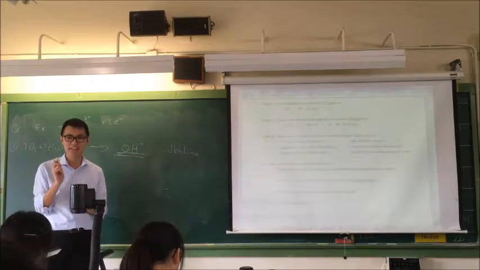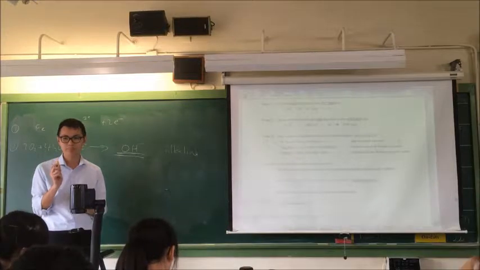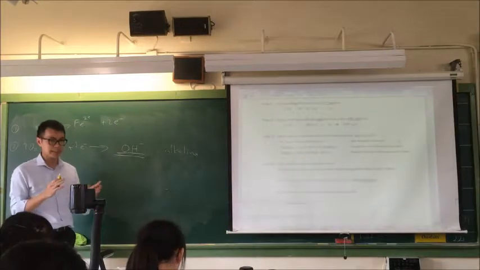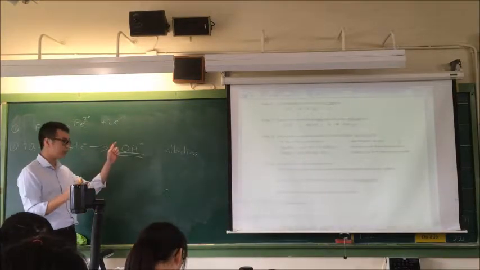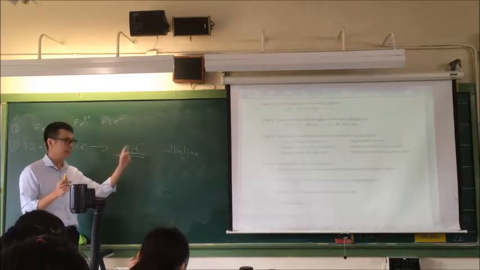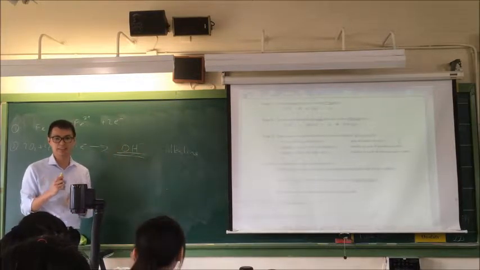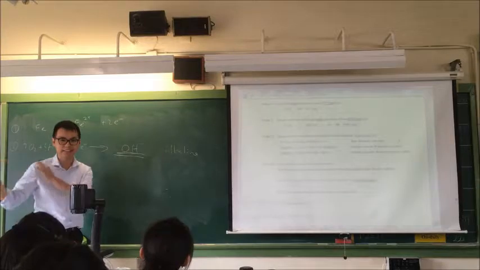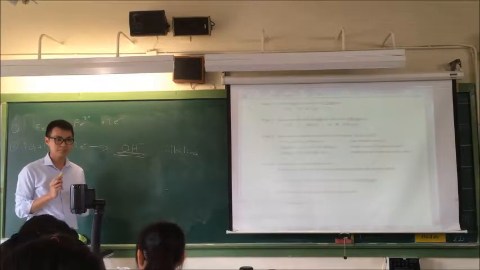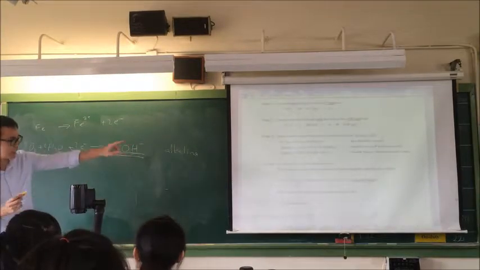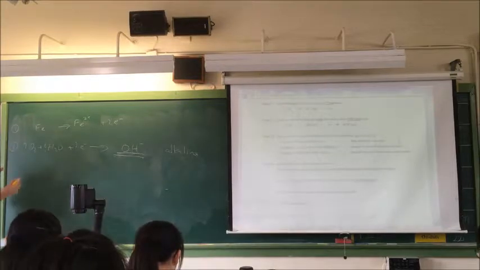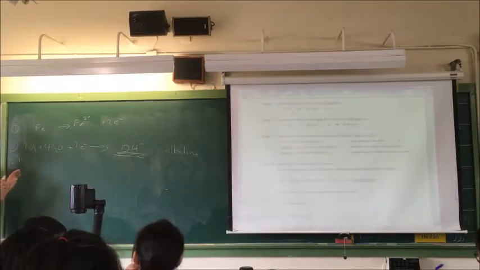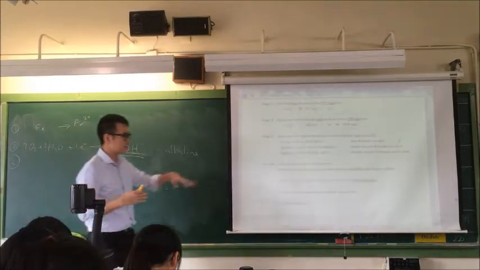Understand me, okay? When something dissolved in water can produce hydroxide ion, it is an alkaline substance. 它是鹼性的，OK？你 put 一個 note 喺隔離，OK?